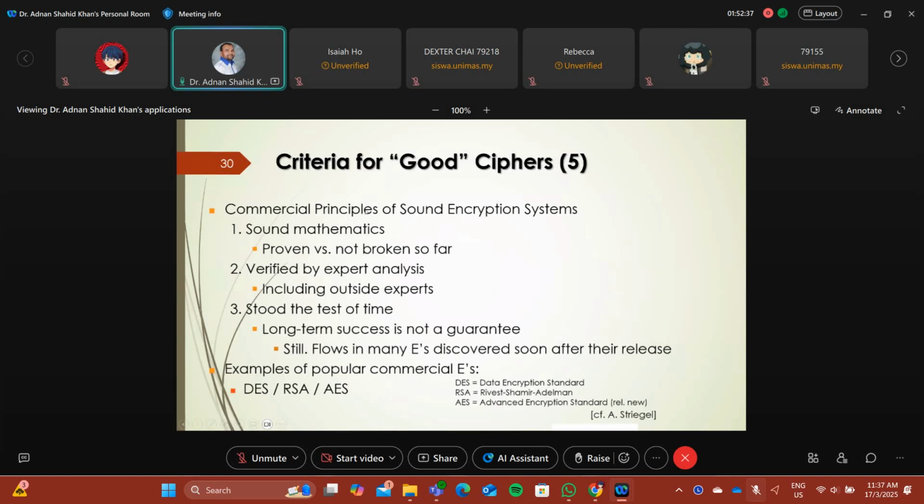Commercial principles of a sound encryption system: sound mathematics, proven versus not proven so far; verified by expert analysts. Most research articles in intrusion detection systems need experts to do the analysis, including outside experts. It should stand the test of time, though long-term success is not a guarantee. So these are some algorithms.